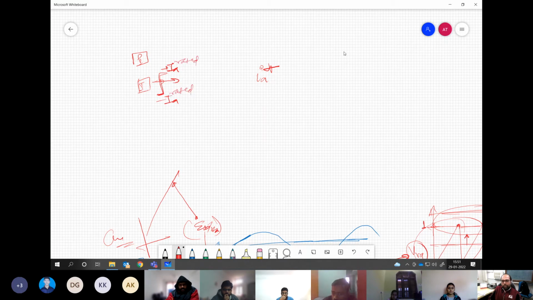Minus, because sometimes you need to reduce the speed, so you need a negative torque to do that. So the limit will be between plus I rated and minus I rated. You understand this point or not?